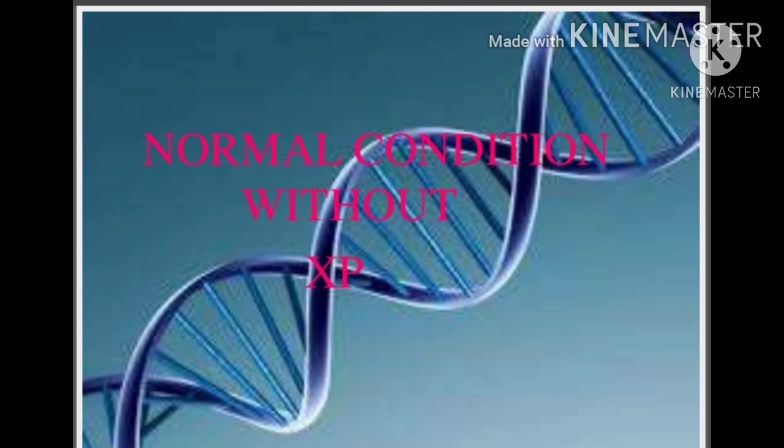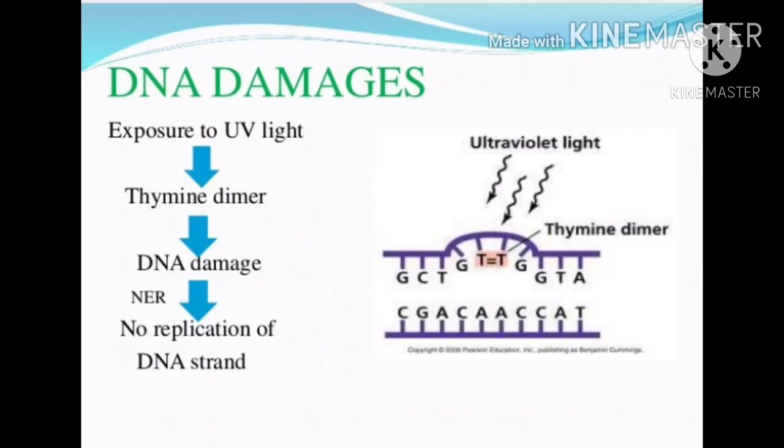What happens? Under normal conditions, when light falls on skin tissue, it will induce thymine dimer formation. The thymine dimer formation is a DNA impairment, and such DNA is incapable of undergoing normal replication.